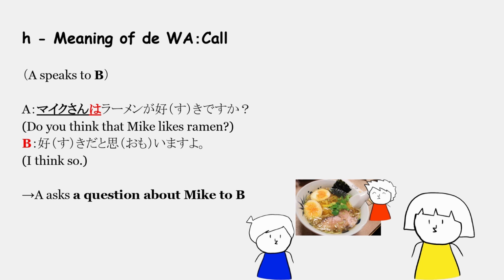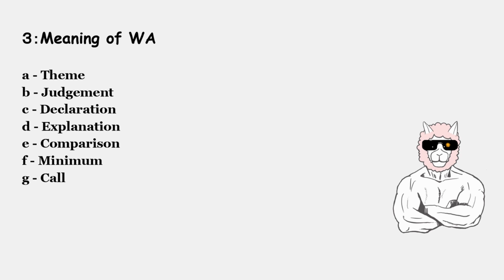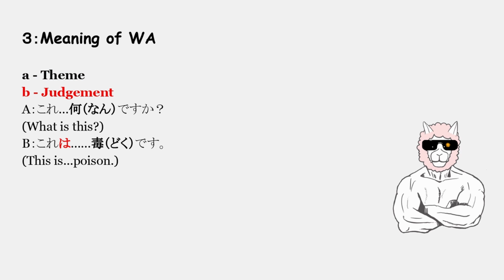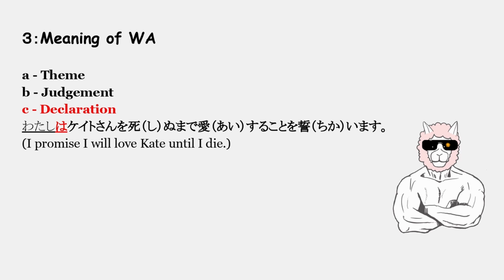Is it clear? Well, we saw 7 meanings of wa. Firstly, the theme like 私は寿司を食べます, B さんはじゃあ私はラーメン. And then judgment like これ何ですか?これは毒です. Then the declaration like 私はケイトさんを死ぬまで愛することを誓います.